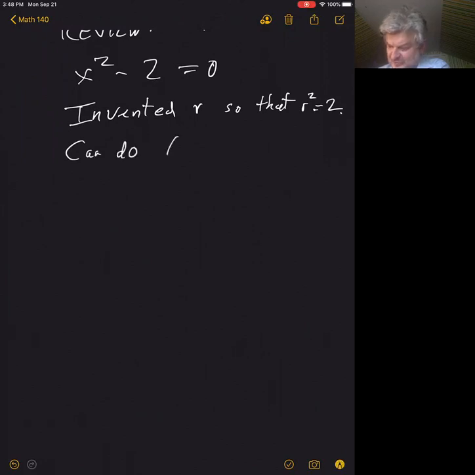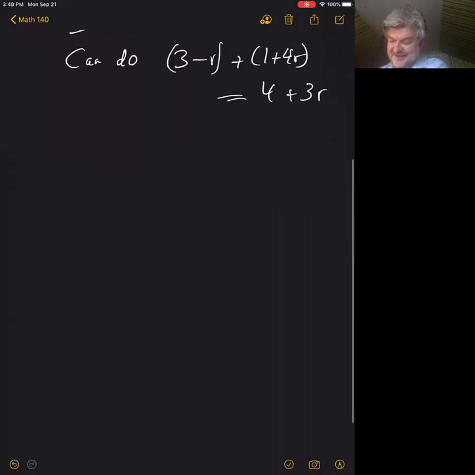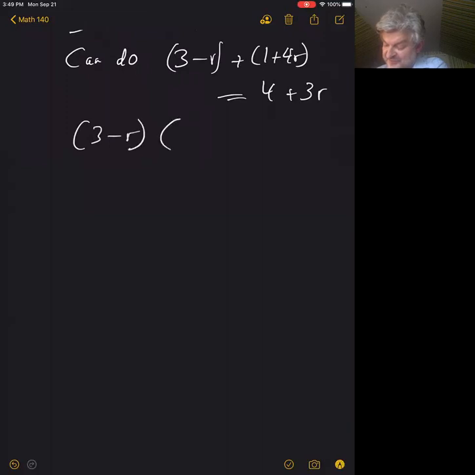You can do 3 minus R plus 1 plus 4R, which is 4 plus 3R. And we can also multiply those two. 3 minus R times 1 plus 4R.